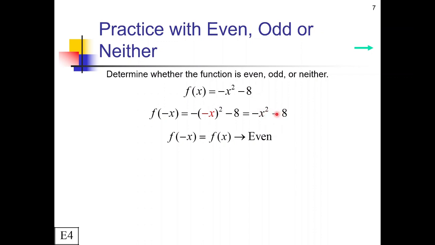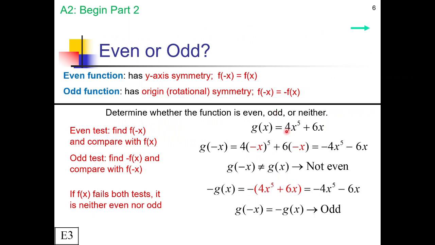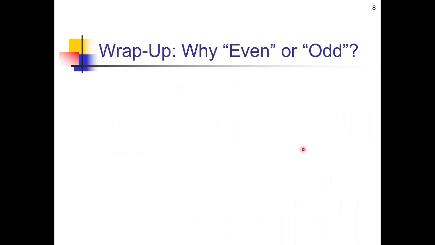And if we take a look at the odd one here, the fact that these two exponents were odd meant that when you plugged a negative x into those, it negated everything you plugged that into. So it was guaranteed to pass the odd test at that point. So it really is all about these exponents, actually. It turns out, as we saw there, that if your polynomial has all even exponents, it will pass the even test.